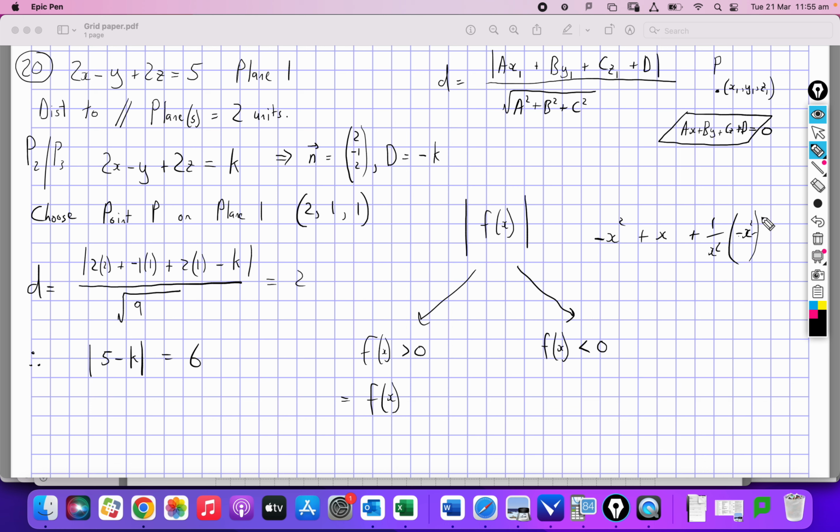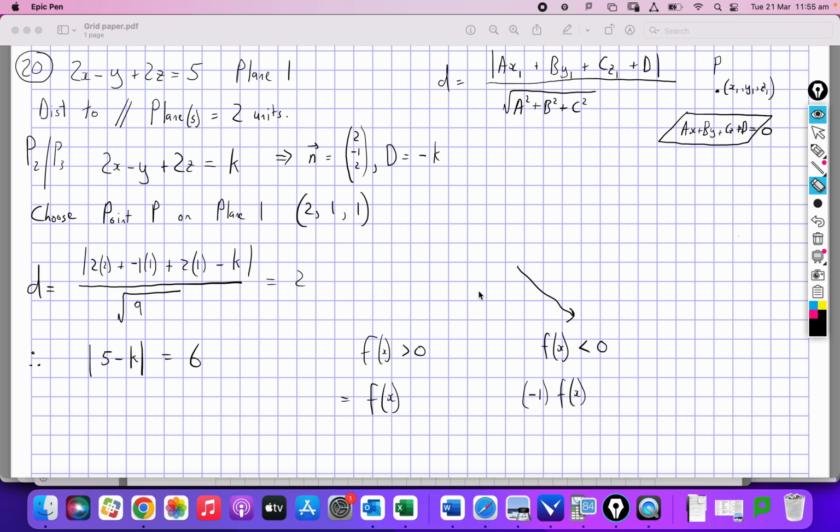What you should really do strictly is compute the function and then take the answer and make it positive. So how are you going to make something that's negative positive? You're going to times it by minus 1. So you compute the function, you get your negative answer, then you times that negative answer by minus 1, and now it will be positive. So I'll show that in the working.